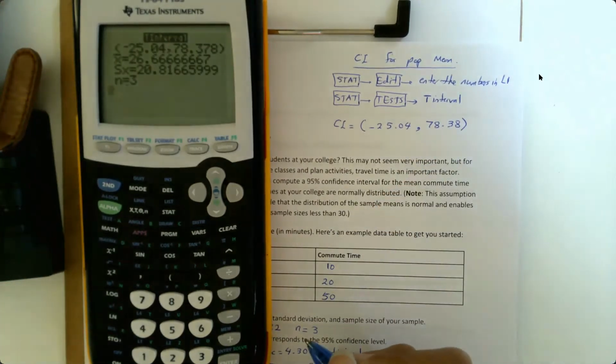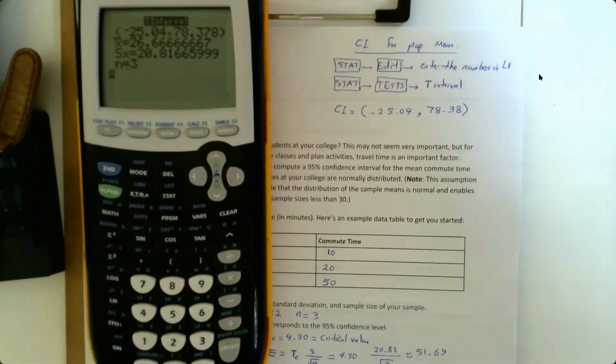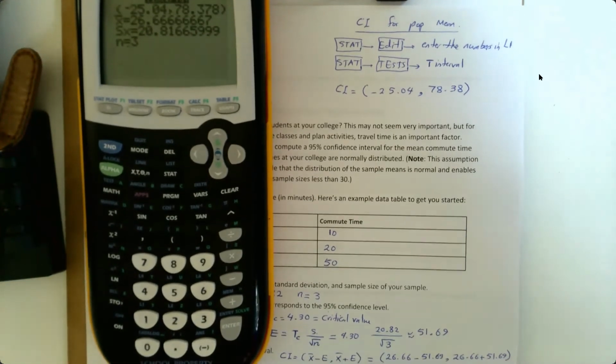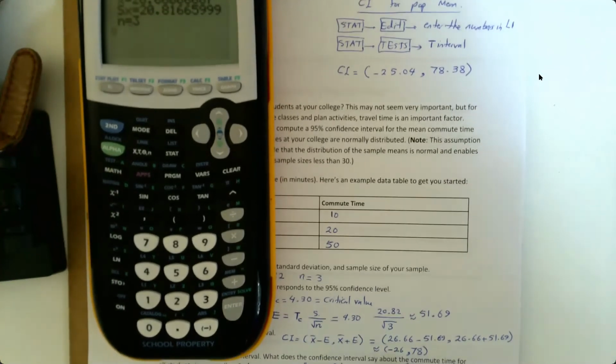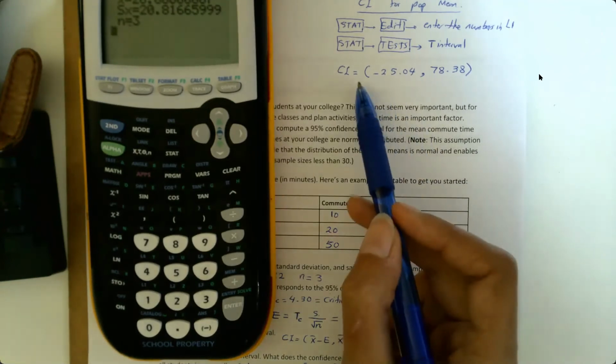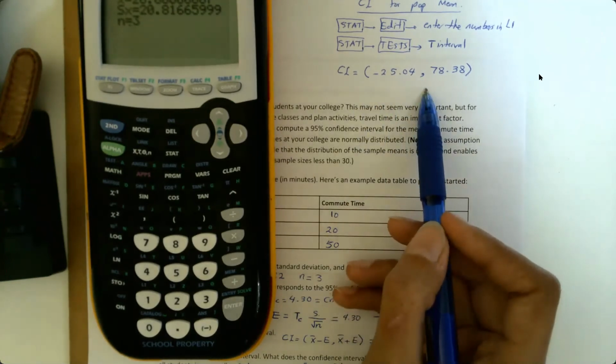So this is our confidence interval, which is very close to what we calculated before, negative 26, comma, 78. This is what we calculated using our formulas. This is what our calculator calculates for us.